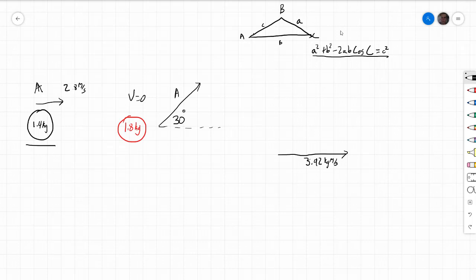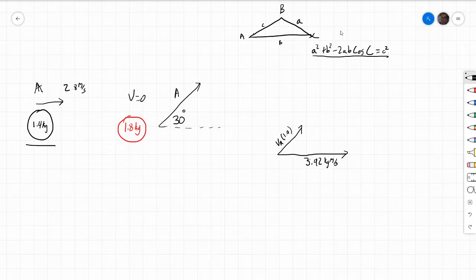Now, the best part about that is I know that the two vectors that are left afterwards have to add up to that. Vectors, remember, they don't care where they are in the plane. And so vector A, which is this one, I actually know that angle. It's up like this. It has velocity VA and it has mass, the ball didn't change mass, of 1.4 kilograms.